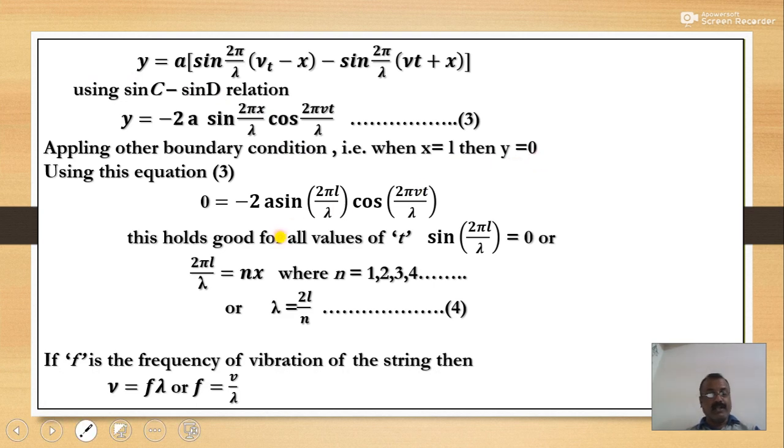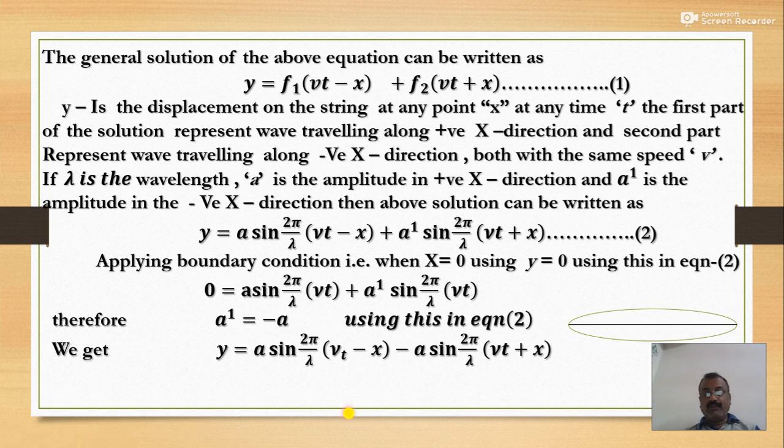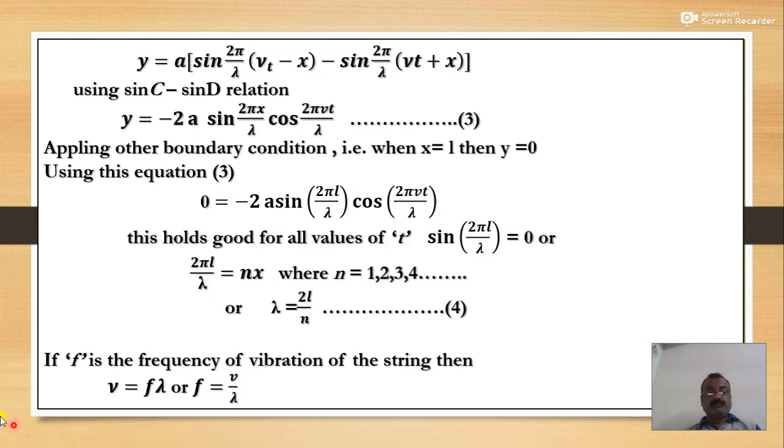If the particle moved from here to here, the resultant displacement at this point is 0. Resultant displacement at this point is also 0. Strain is maximum. Amplitude is 0.